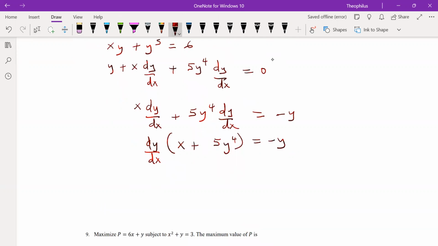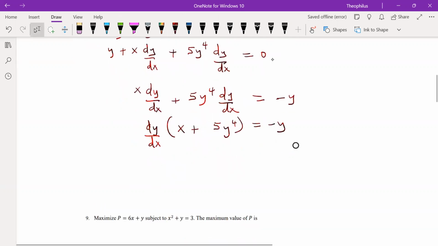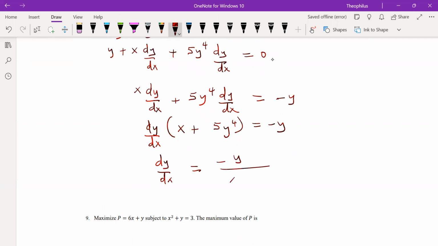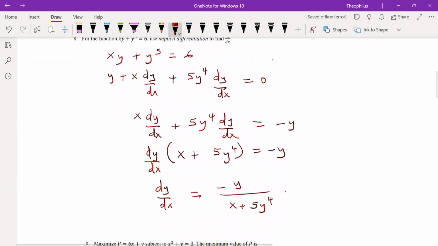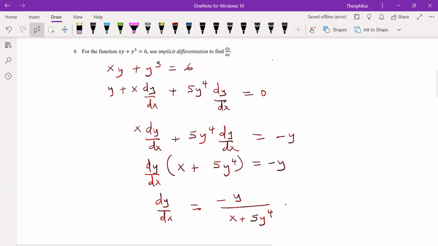So at this point, all that we need to do is to make sure that the dy dx stands alone. So with that, we're going to have minus y over x plus 5y to the power 4. So this gives us the final result.